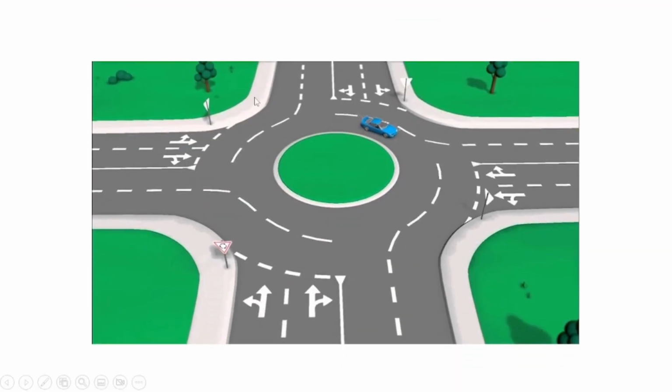Now, this is a typical roundabout setting. On this diagram, you can see there are different exits. This is exit one, assuming I'm coming from this side of the road. This is the 6 o'clock area of the clock. I'm entering through the 6 o'clock area of the clock.